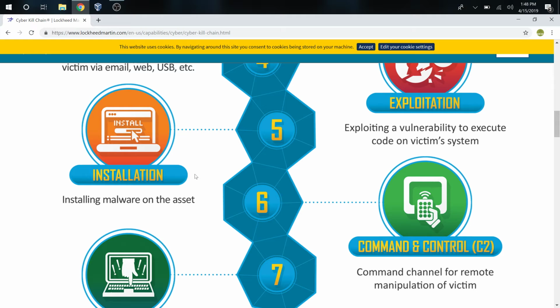This is pretty much where everything has gone to hell in a handbasket for a business or corporation, because they have a fully compromised machine or system inside of their business or network. This is where things really start to pick up speed for an attacker.